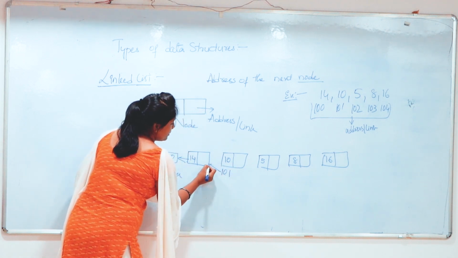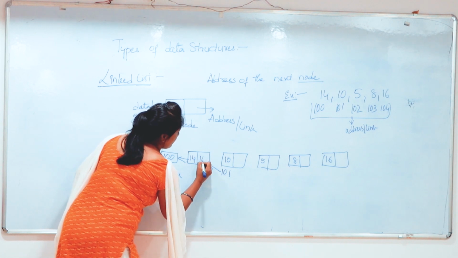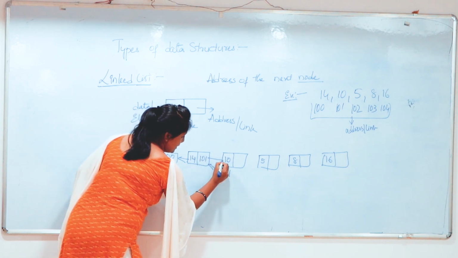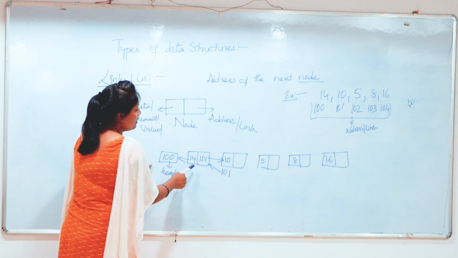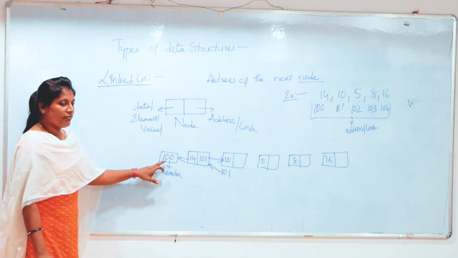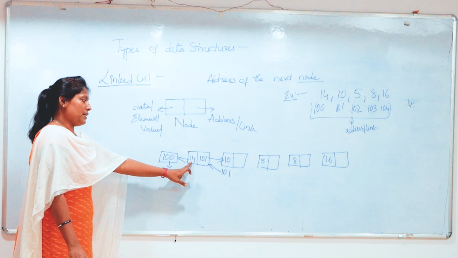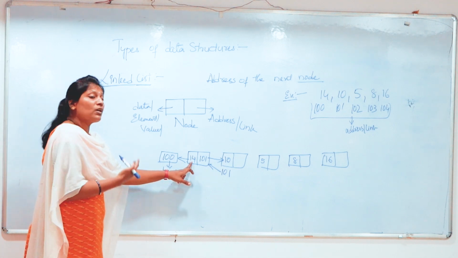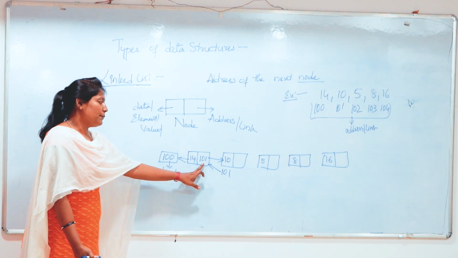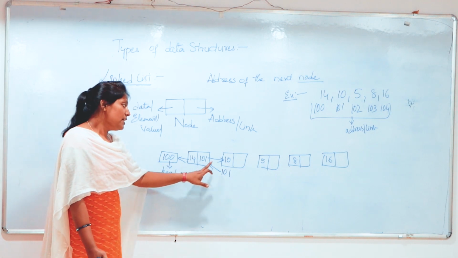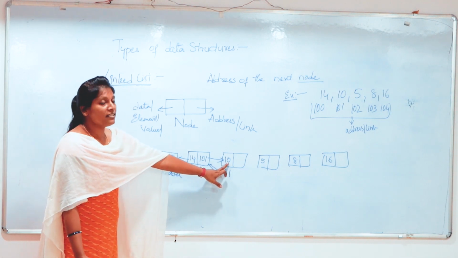This 101 will be represented here, and this will be linked to this one. Whenever we search in the memory, first we go to the address 100 where the 14 is present, and the next node, how do you know that 10 is present there? Using this address. Whenever the memory goes to this address, it shows that the 10 is present as the next element.